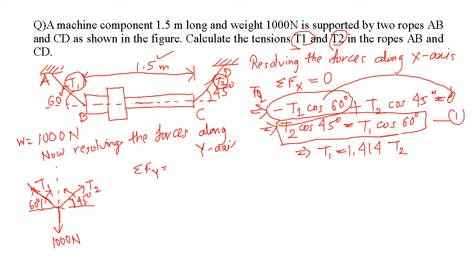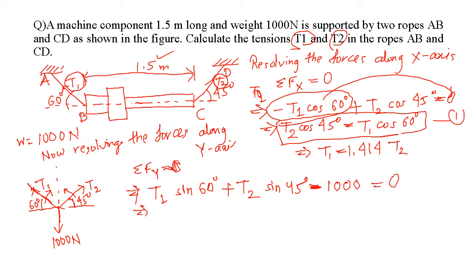Summation Fy equals 0, or T1 sin 60 degree plus T2 sin 45 degree minus 1000 Newton equals 0. We can write this as T1 sin 60 degree plus T2 sin 45 degree equal to 1000, shifting the 1000 to the opposite side of the equal sign.